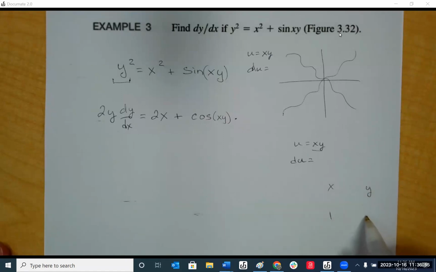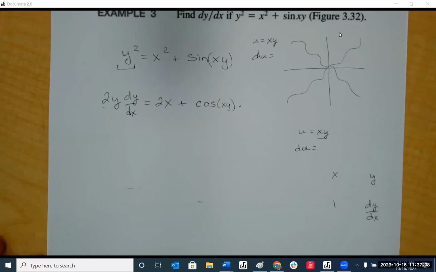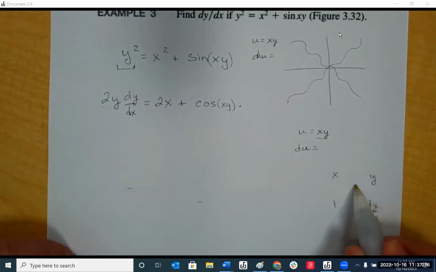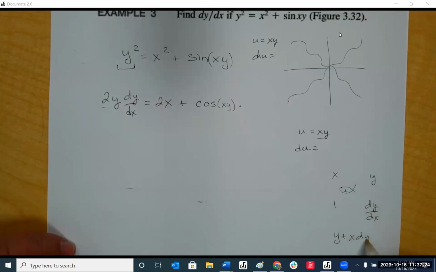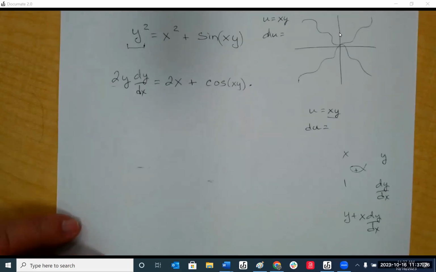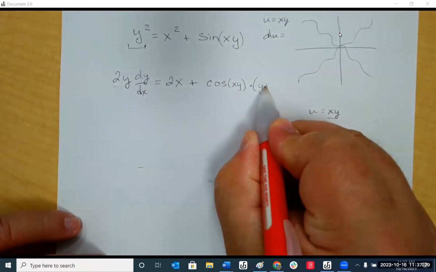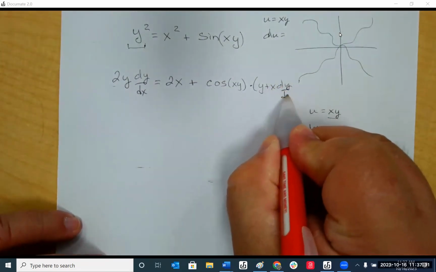The derivative of y is what? It is 1 times dy dx. Since it's a product, we add. So it's going to be y plus x dy dx.